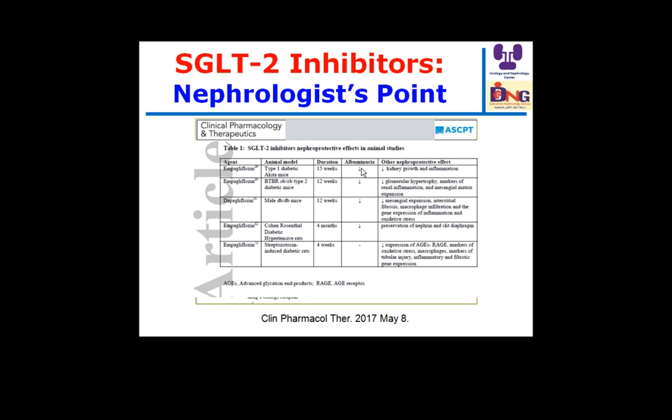Here you can find the effect on the albuminuria, the duration of drug action, and the animal model they used. The other nephroprotective effects are reducing kidney growth and inflammation, and decreasing mesangial expansion and interstitial fibrosis. So a lot of effects are expected from this class within the experimental animal.